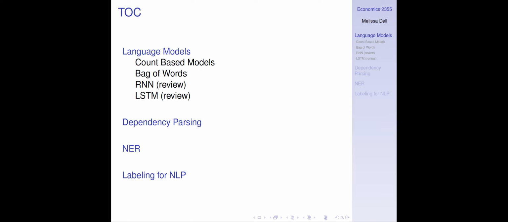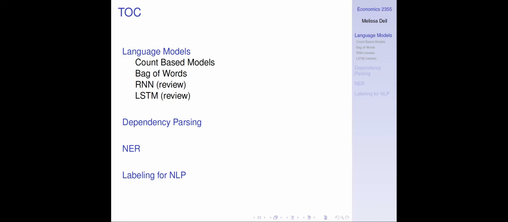And then I'll say a little bit about labeling for NLP, because when we get to doing downstream tasks, as you've seen with word2vec, the language modeling itself is unsupervised, but later in the course we're going to be talking about things like sentiment analysis.